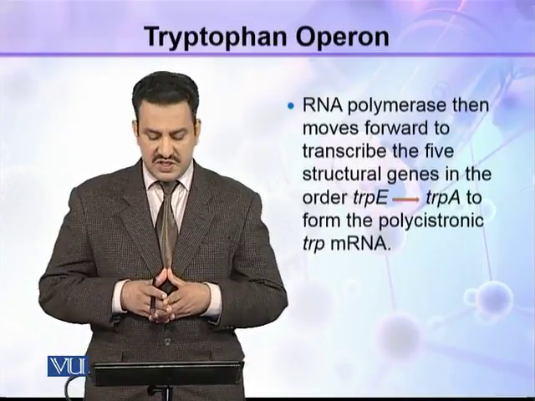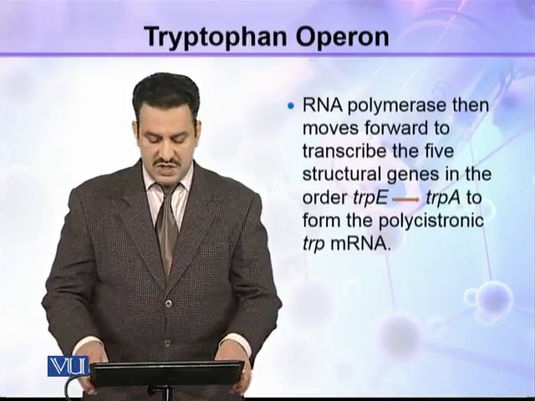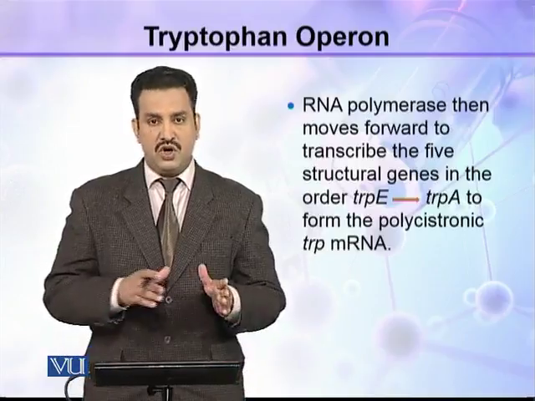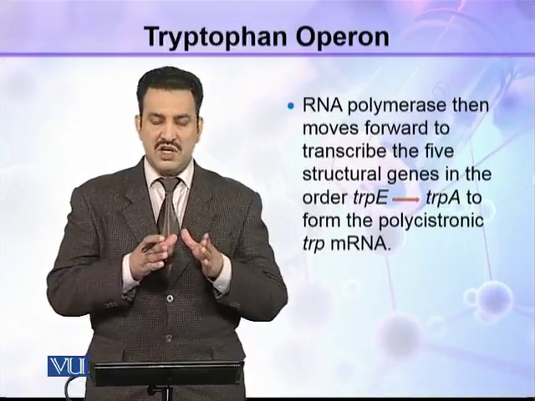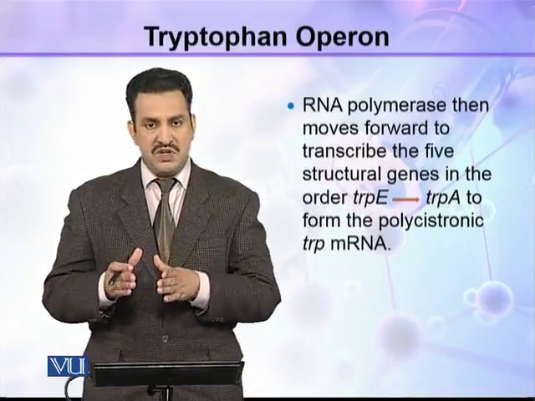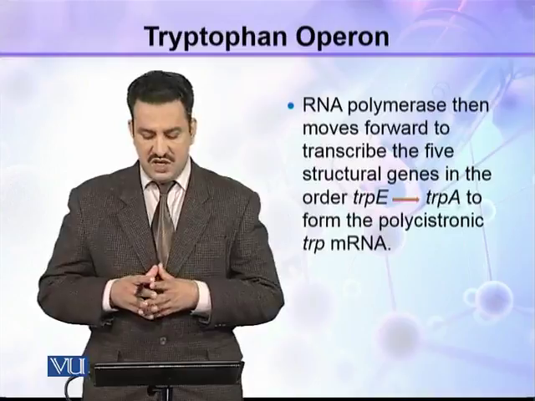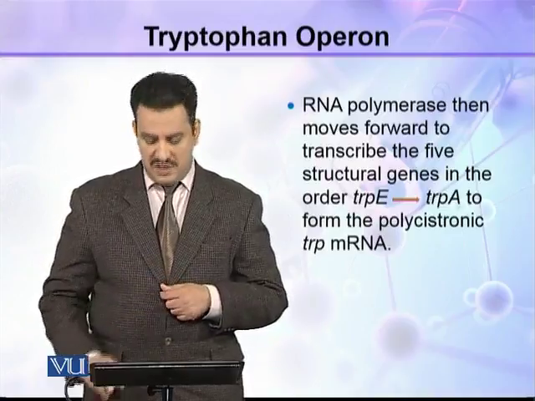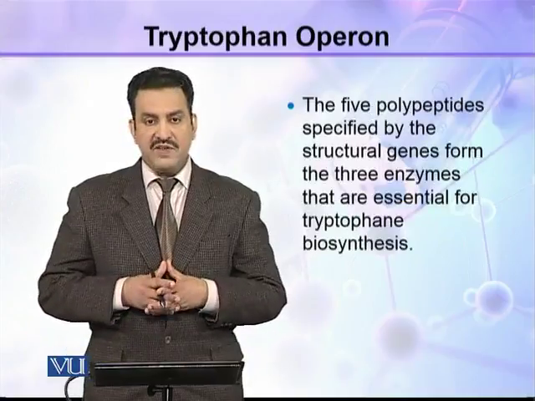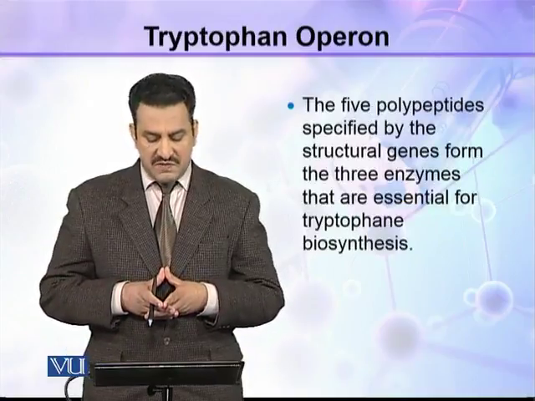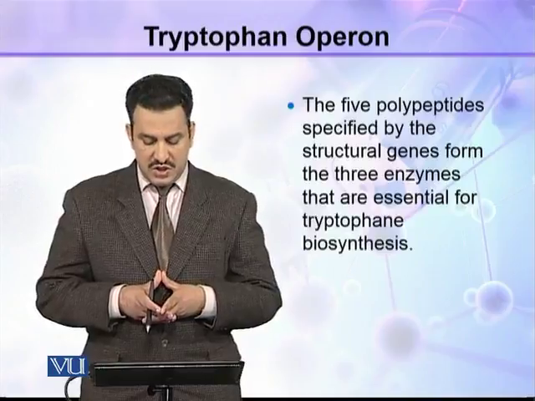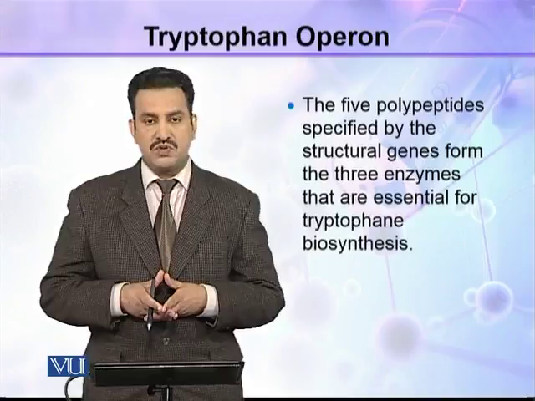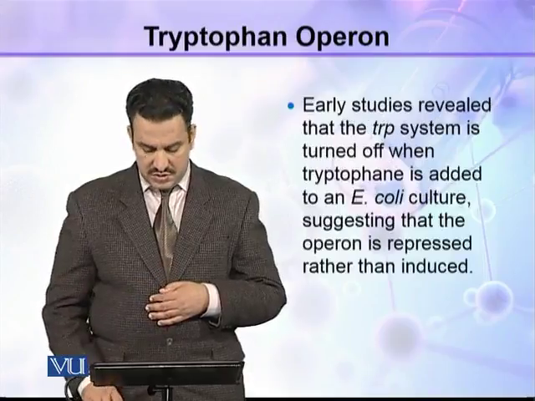RNA polymerase then moves forward to transcribe the 5 structural regions in the order trpE, trpD, trpC, trpB, and finally trpA to form the polycistronic trp mRNA. The 5 polypeptides specified by the structural genes form the 3 enzymes that are essential for tryptophan synthesis.